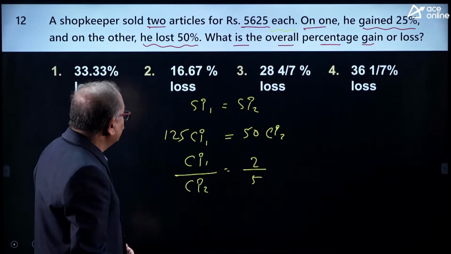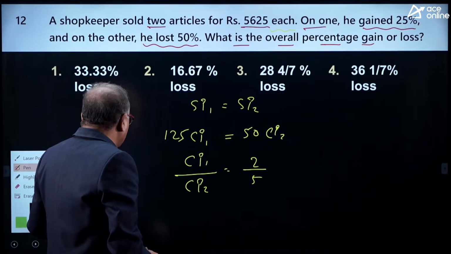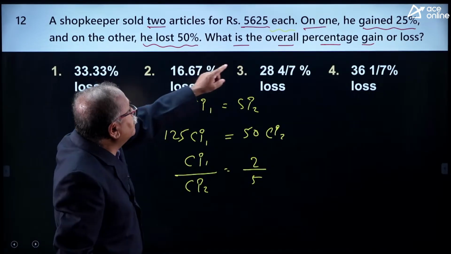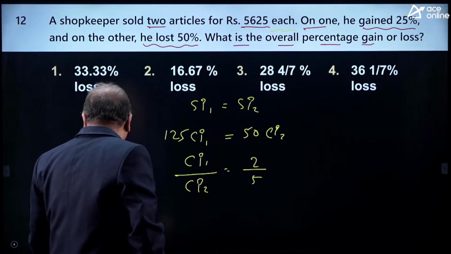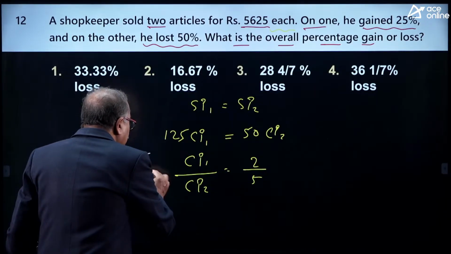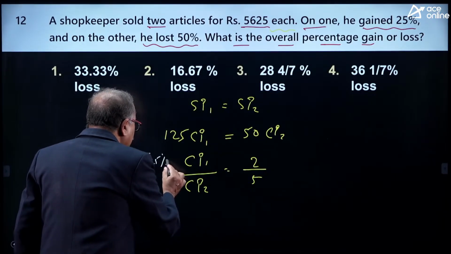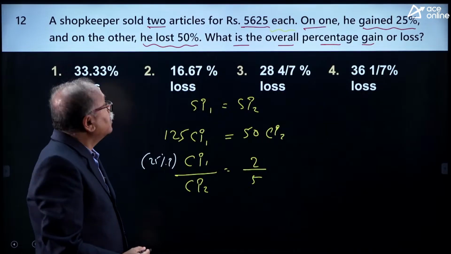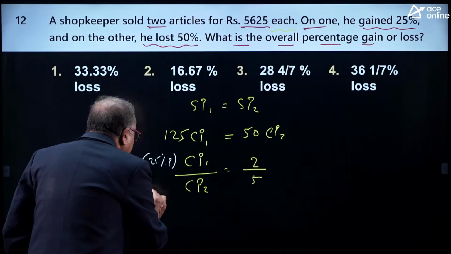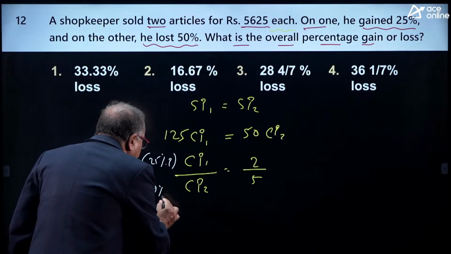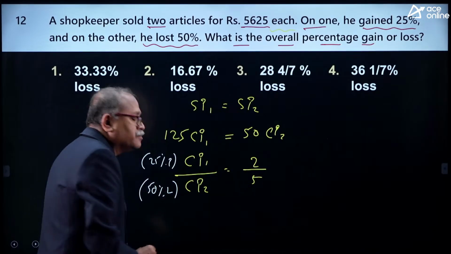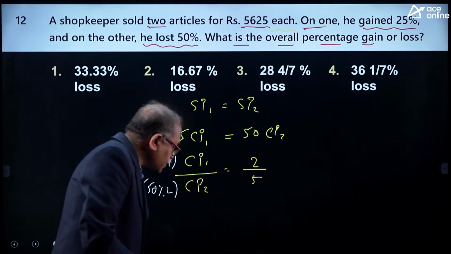So, in the first case, what is happening? 25% profit. Look at this one. Here it is 25% profit, and in the second case 50% loss. Can you handle the question from here onwards?